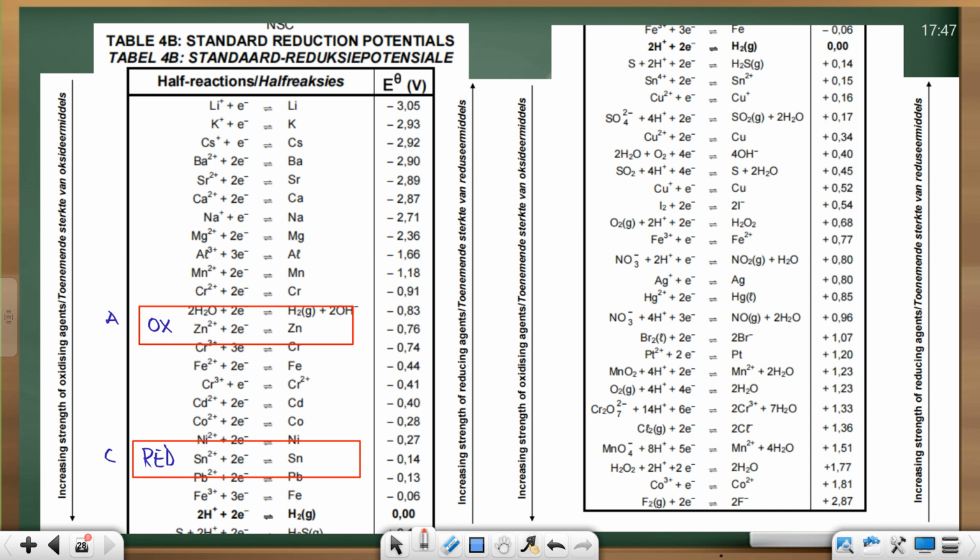I'm very tall right now, and I'm also short. It depends on comparison. If I compare zinc with tin, this will be oxidized and this will be reduced. But if I compare the same zinc with magnesium, this will be oxidized.